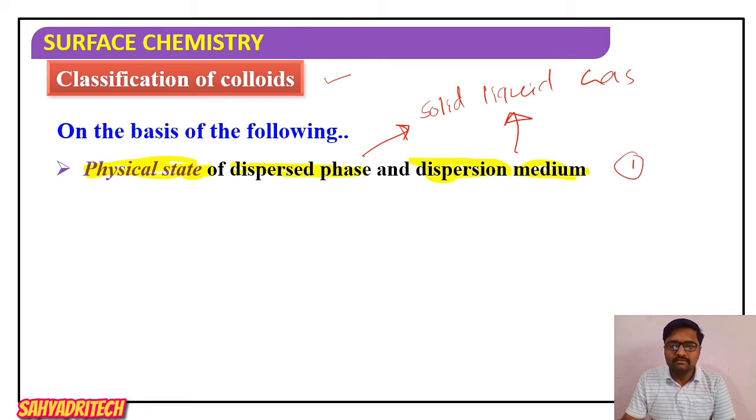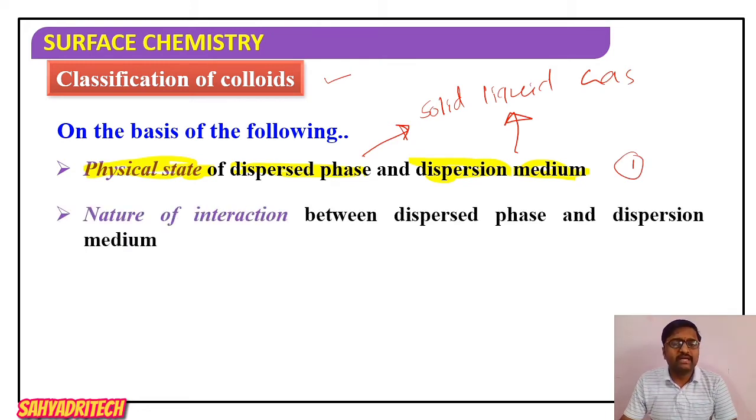Then the second way of classification is the nature of interaction. Since we know a colloid is formed when dispersed phase and dispersion medium are mixed, mathematically, dispersed phase plus dispersion medium, the resultant will be a colloid.